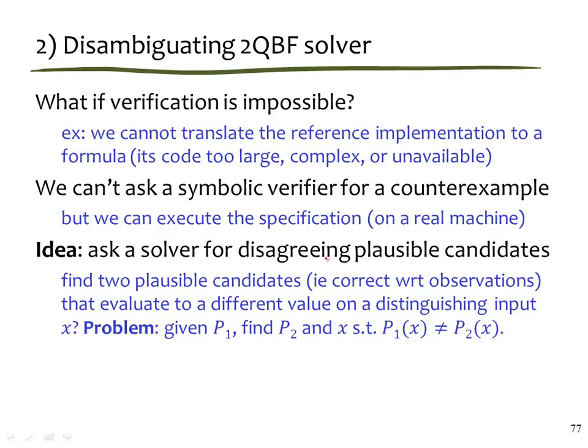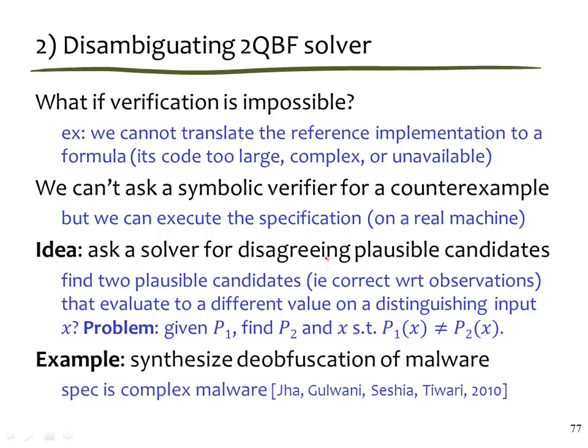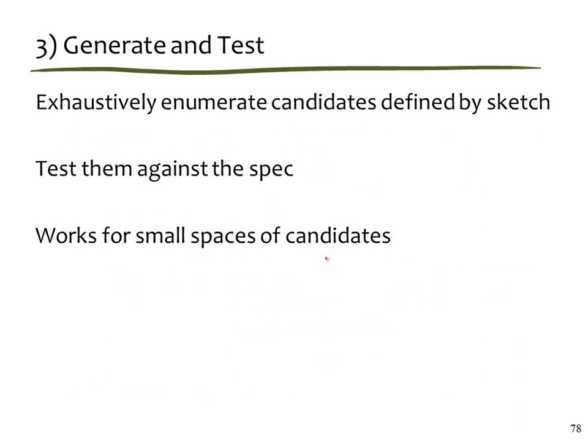And so you ask the synthesizer for an input on which these programs disagree, so clearly you have an ambiguous system. And now you can ask the specification, which you can hopefully execute, even if you cannot translate it to formulas, or you can ask the user perhaps what is the right outcome on that input. And this was used by Sumit Gulwani and Sanjit and Atish Tiwari to, for example, synthesize simplifications of malware. The malware is a complex code that is difficult to translate, but the resulting synthesis is tiny, simple expressions. And of course, generate and test sometimes works well. If the space is small enough, that should not be underestimated.